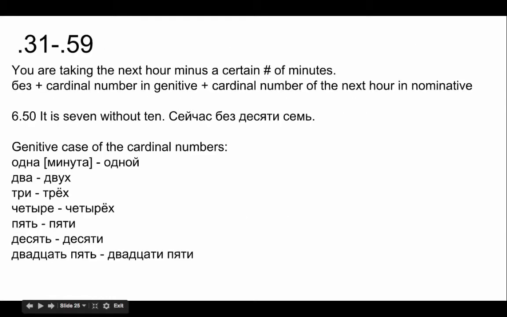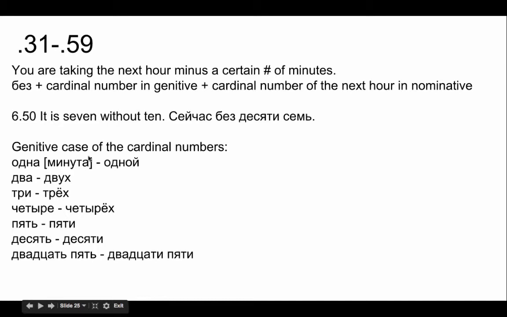So you're taking the next hour minus a certain number of minutes. You use без plus the number in genitive, and then the normal number of the next hour in the nominative. Again, I know that sounds confusing. Let's take an example. So 6:50 we will say it is 7 without 10.